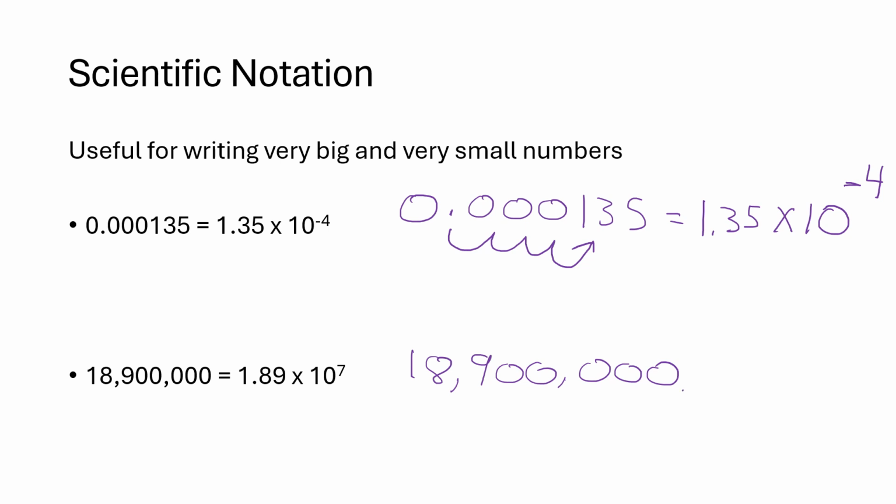So if I start moving that over, 1, 2, 3, 4, 5, 6, 7. I've moved it 7 places, and the coefficient out in front becomes 1.89, and then it's going to be times 10 to the 7th because we moved it 7 places, and because 18 or 19 million is a really big number, much bigger than 1, the value of that exponent is going to be positive.